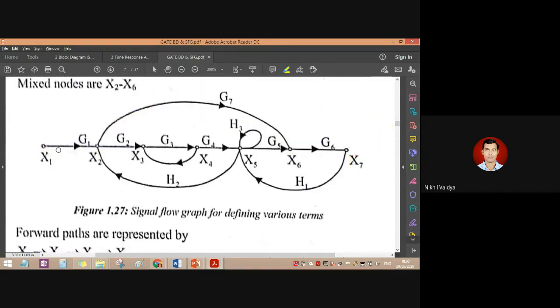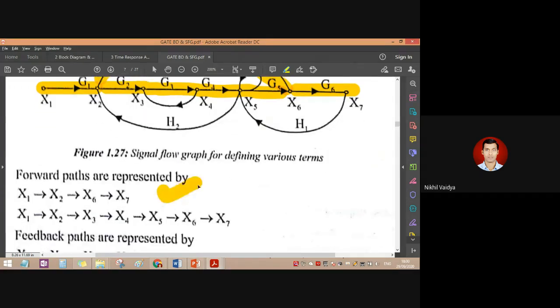This is x1, then x2, then x6, and we are reaching x7. This is one forward path. Then x1, x2, x3, x4, x5, x6 and x7. We are reaching here also. Is there any other forward path? No. So there are two forward paths present.